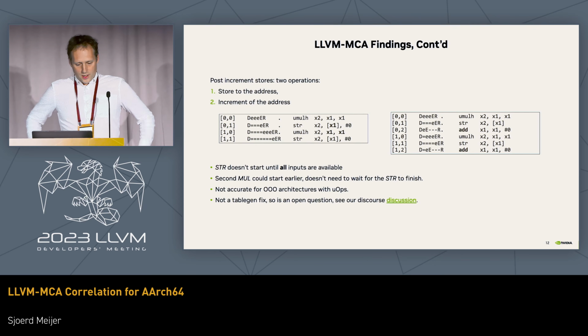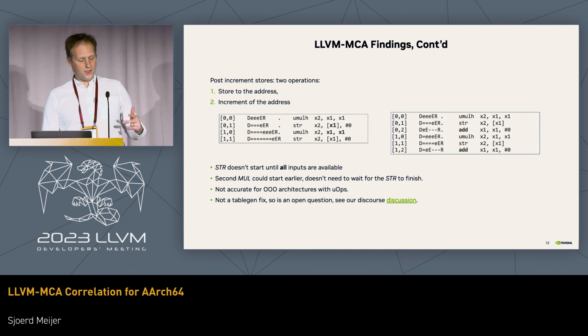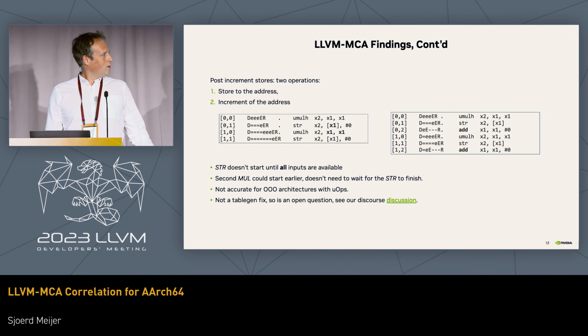On the left-hand side, you see a dependent store and a multiply operation, and that's the post-increment store. On the right-hand side, this is made explicit: the increment is made explicit with an additional add. The correct behavior is on the right-hand side, but LLVM-MCA gives us the left-hand side.